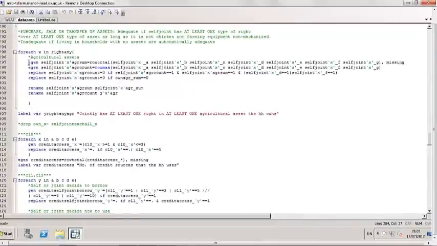The first thing we create is self-joint right any aggregate sum, which gives me the number of agricultural assets regarding which the individual has at least one right.